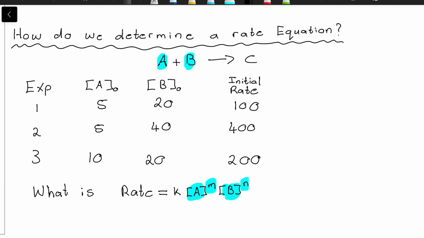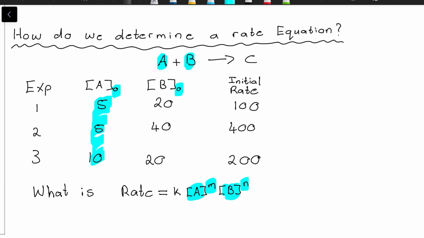What is the rate equation for this general reaction? And what you typically do is you do a couple of experiments. In those experiments, you vary the initial concentration of those reactants. So in each of these reactions, you vary the initial concentration. So that's what the zeros mean.